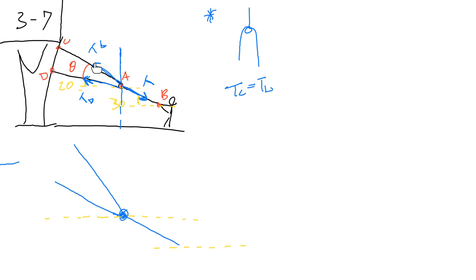So basically the tension on this side of the rope is the same as the tension on this side of the rope. So these two we can just call T. Let's go ahead and call this tension T, T, and the tension in this rope over here is 60. This right here is the 20. This is 30.